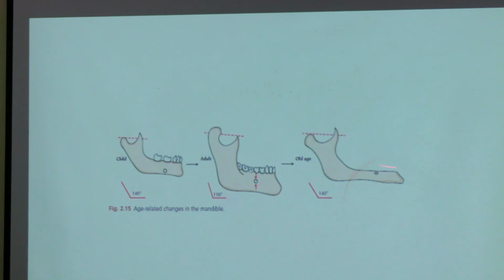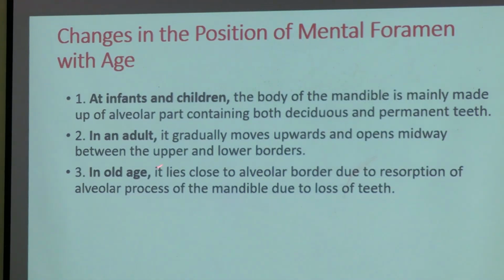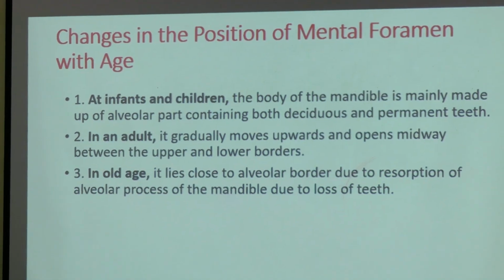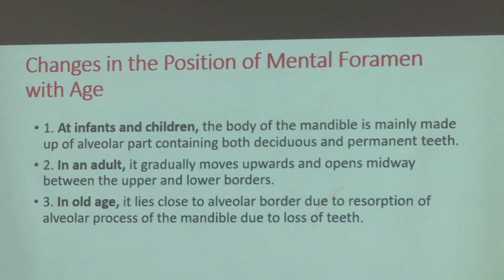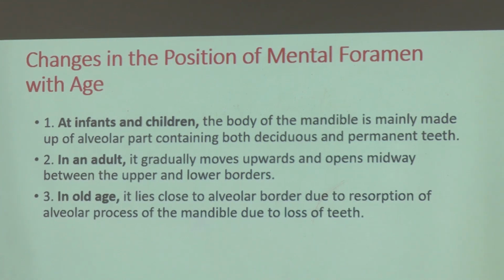In old age this is present on the upper side, close to the alveolar border, due to resorption of the alveolar process.